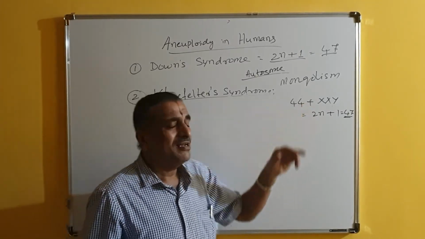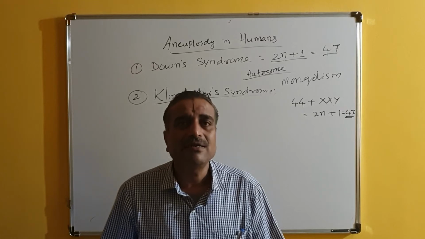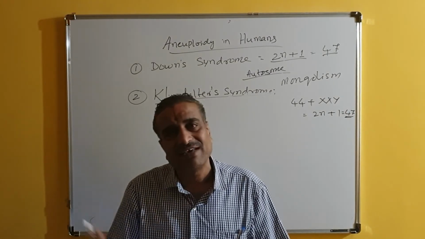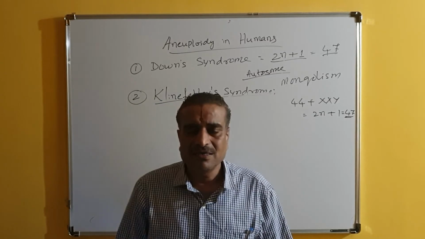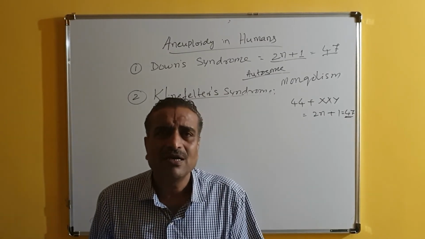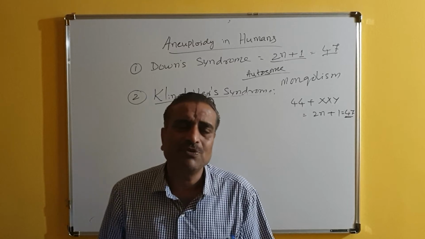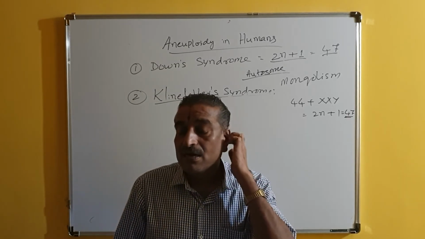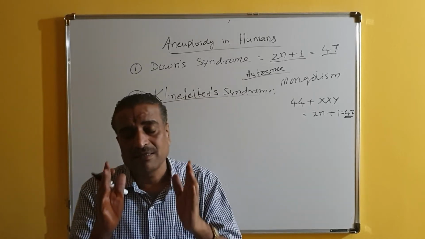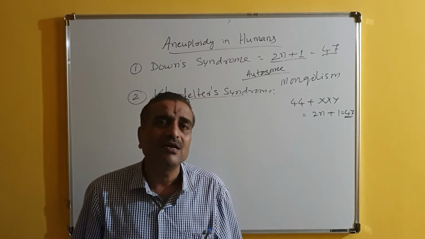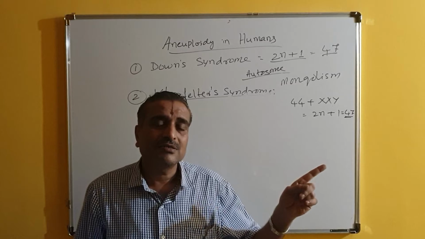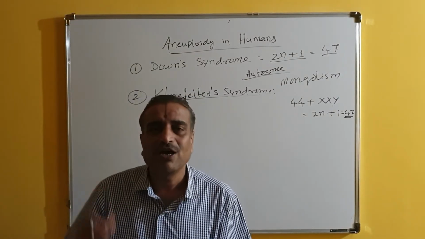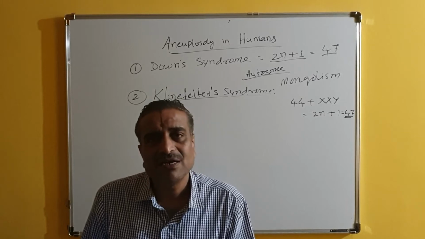You can find breast development, broad chest and so many other characters, and on the chest the hair does not develop properly. These are female characters, but the person with this syndrome tries to live like a male. We observe many such things in nature.